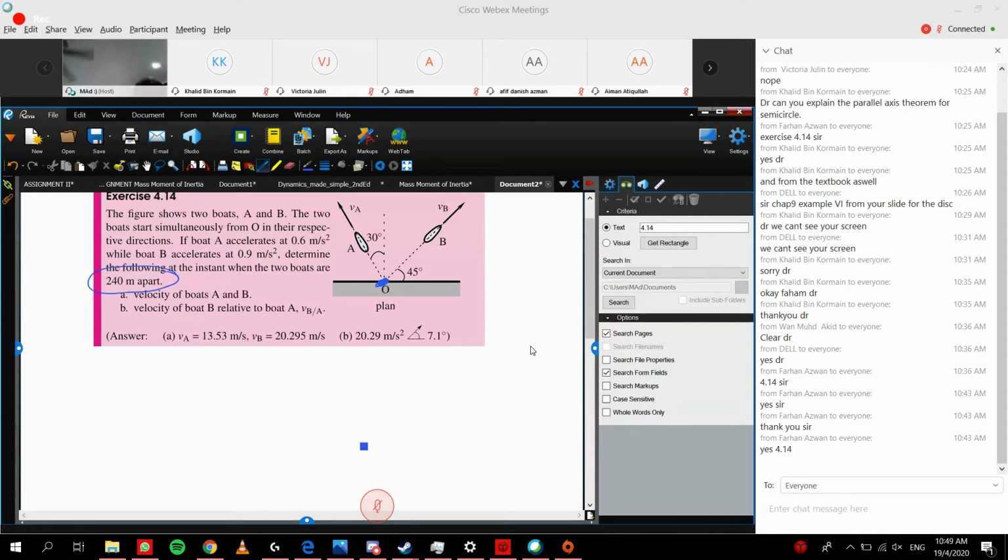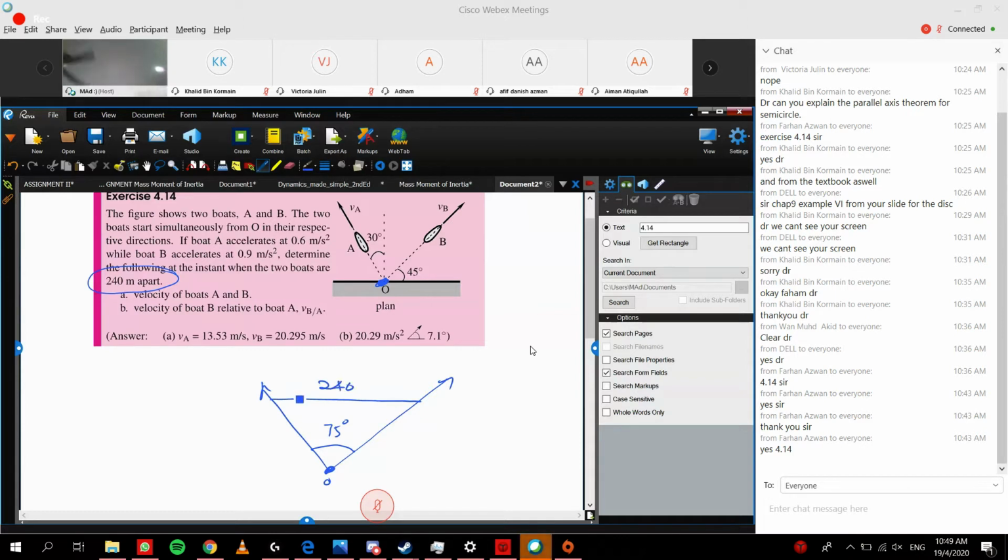Just imagine, this is your starting point, this is your boat B, this is your boat A, and the angle between them is 75 degrees. Agree? When both boats start from O, they will move in that direction and that direction straight. And at some instant, they are 240 meters apart.